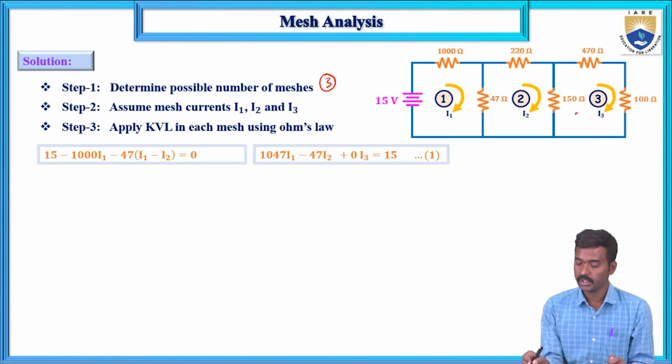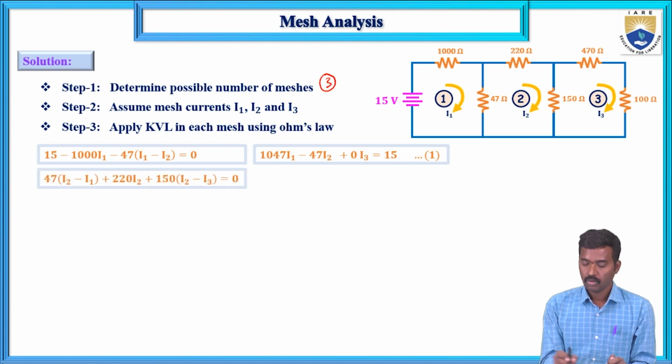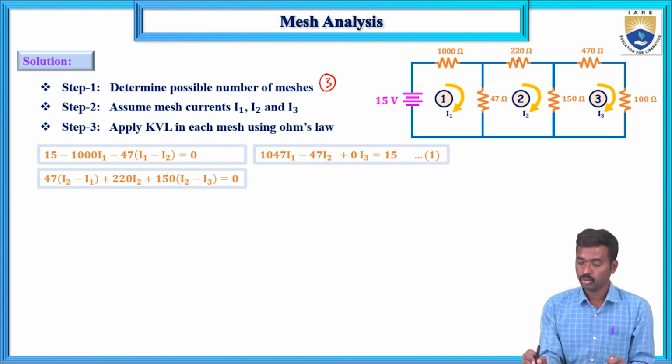There is no I3 term here. Next: 47 (I2 minus I1) plus 220 I2 plus 150 (I2 minus I3) is equal to 0.